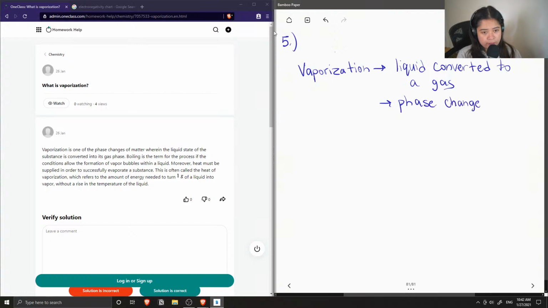So when we reach temperatures that are higher than a compound's boiling point, then this is when vaporization will occur.